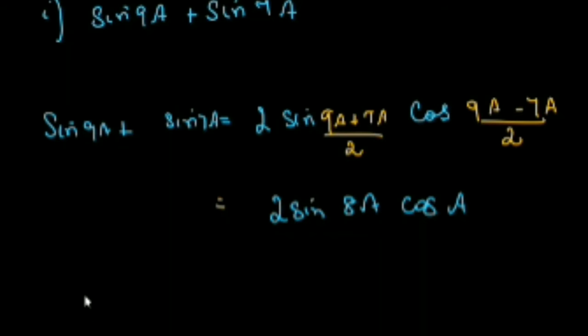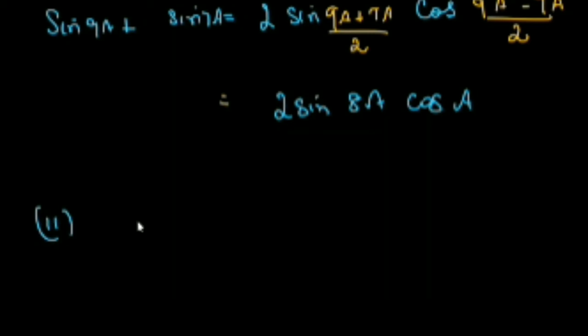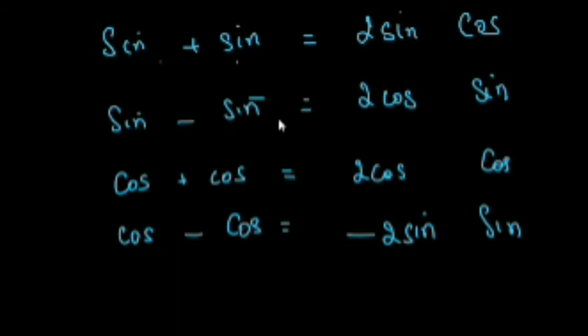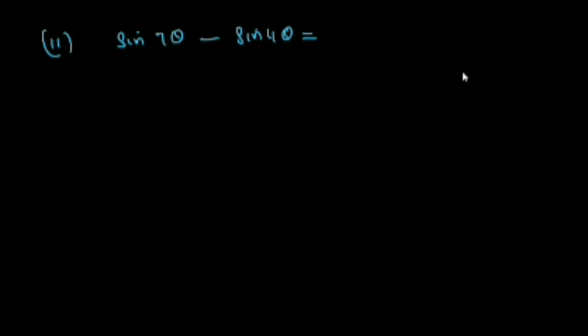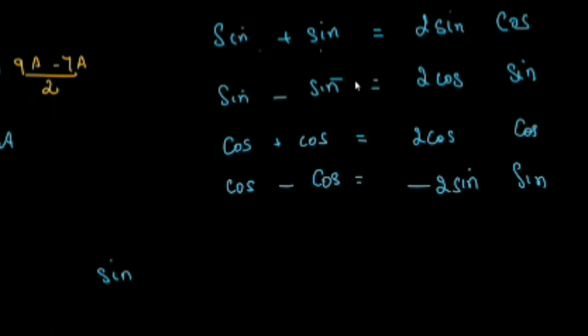Now we will go to the second sum. Second one is sine 7 theta minus sine 4 theta. So just see sine minus sine. What is sine minus sine? 2 cos sine. So just write that here. This is equal to 2 cos, leave some space and write 2 cos sine. So if you learn this, you can convert summation to product, or from product you can convert to sum or difference.